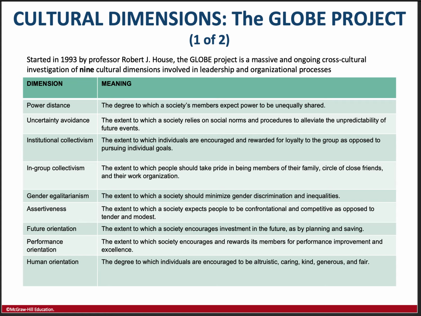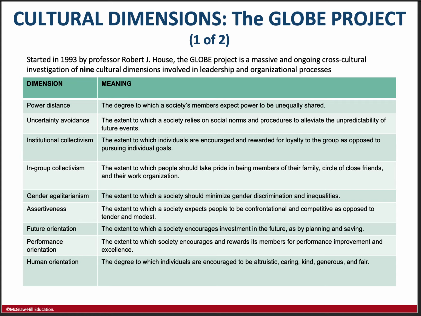Now, you can read about the GLOBE Project in your textbook. It was started in 1993 by Professor Robert House. It's an ongoing cross-cultural investigation of 9 cultural dimensions that are involved in leadership and organizational processes. It stands for Global Leadership and Organizational Behavior Effectiveness.